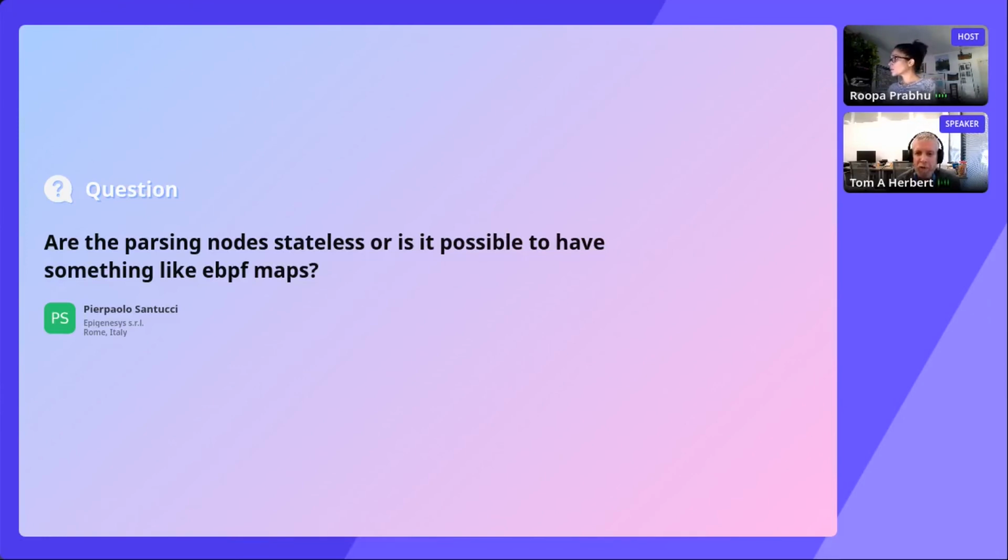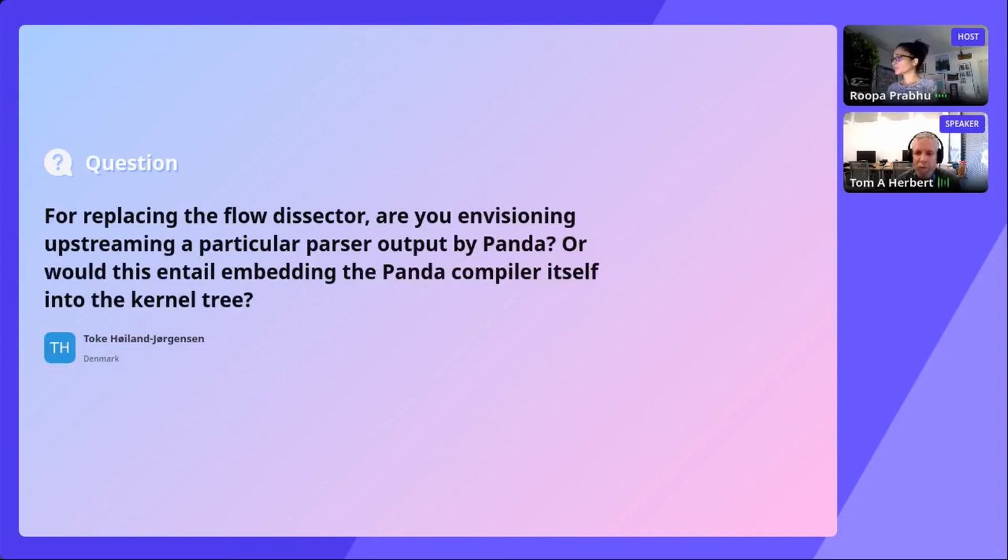For replacing the Flow Dissector, are you envisioning upstreaming a particular parser output by Panda? It's a very good question, and I think the answer would probably be yes, especially if we're replacing the core Flow Dissector. But the caveat is that one of the reasons Panda is faster than Flow Dissector is that a particular instance of Panda is very specific, so we don't have to have all the conditionals to check if keys are set.